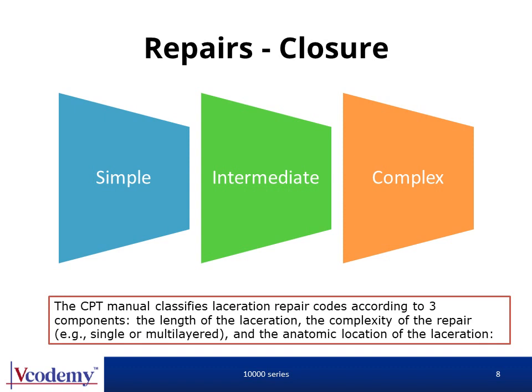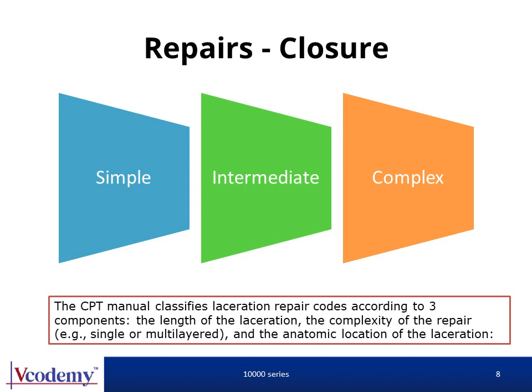Extensive undermining, that is defined as distance greater than or equal to the maximum width of the defect measured perpendicular to the closure line along at least one entire edge of the defect. Involvement of free margins of the helical rims, as in the vermilion border or nostril rim, placement of retention sutures. Necessary preparation includes creation of a limited defect for repairs or the debridement of complicated lacerations or avulsions.